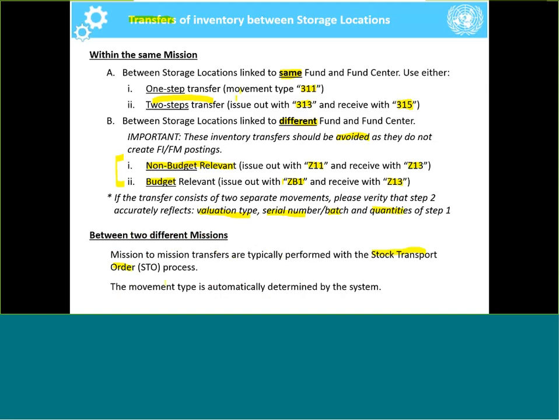So for the transfer between different missions, you don't really have to care about the movement types. It's automatically triggered by the system based on the STO details. But for the transfer within missions, which are the most frequent, make sure you select the proper movement type. So you need to really analyze the fund center of both the source and the destination storage location.